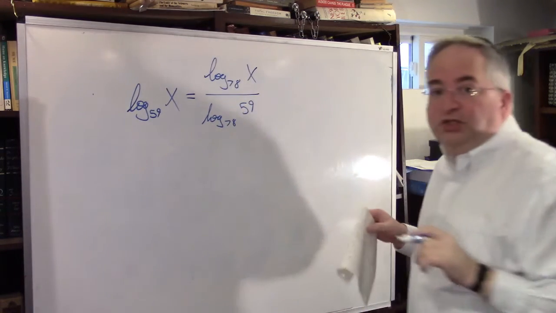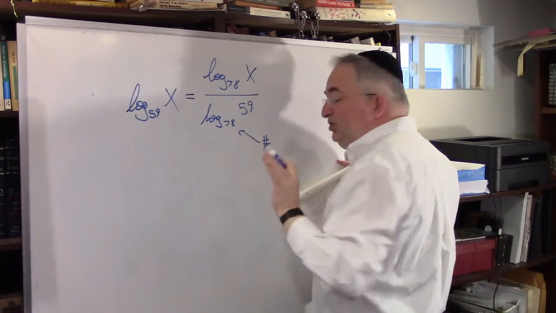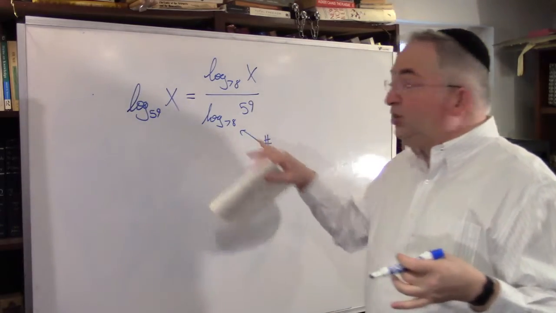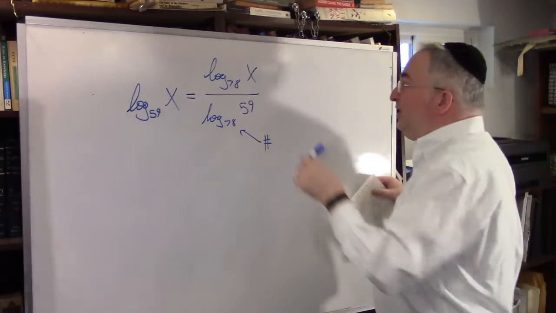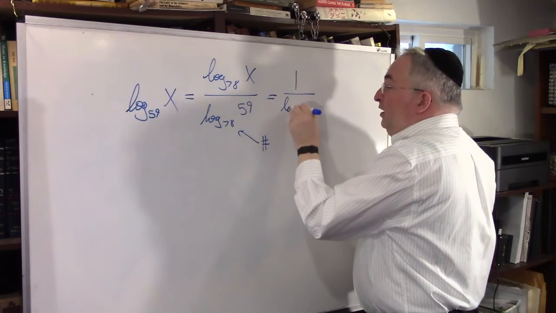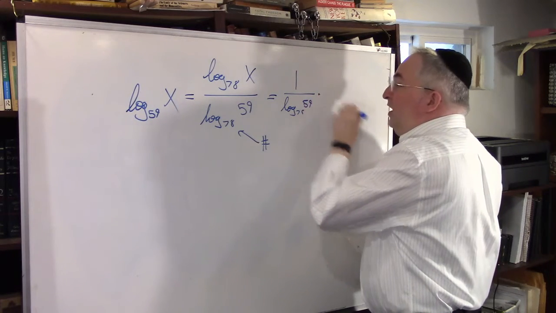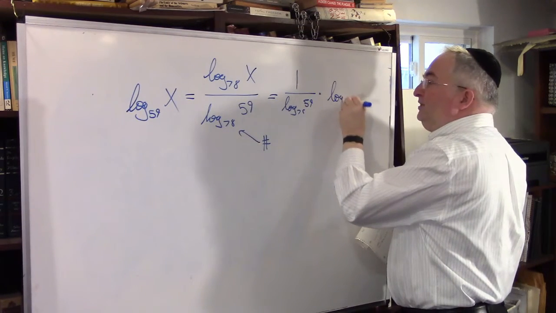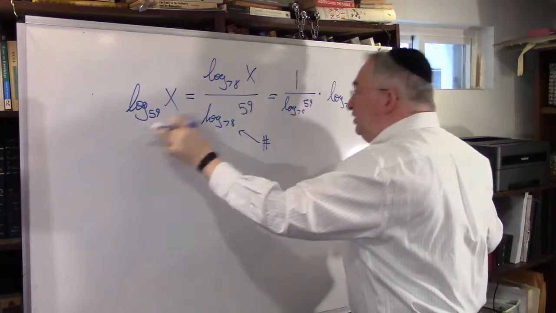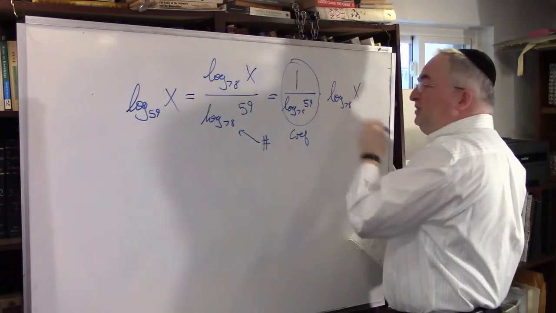The main thing to notice is that's just a regular number, a coefficient. Let's write this another way. This is 1 over log base 78 of 59 times log base 78 of x. So this function is a coefficient times this function.